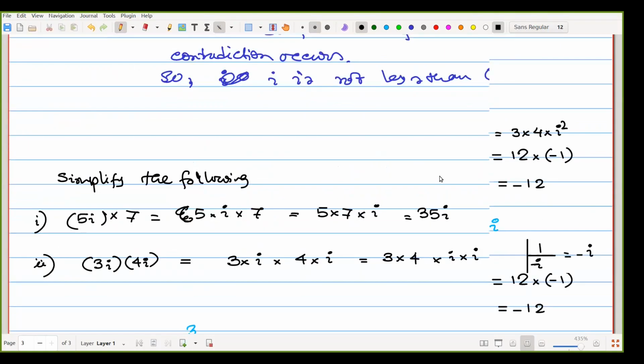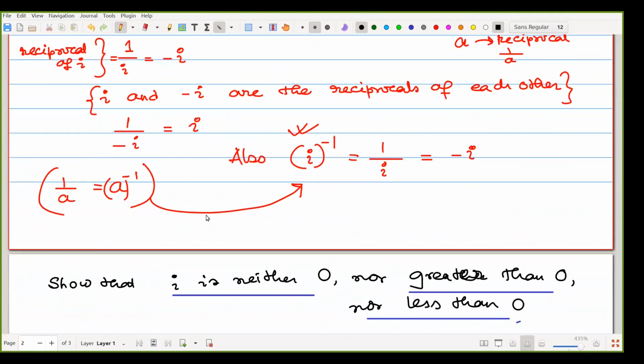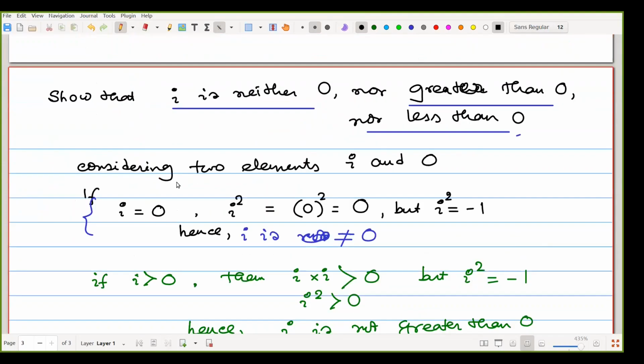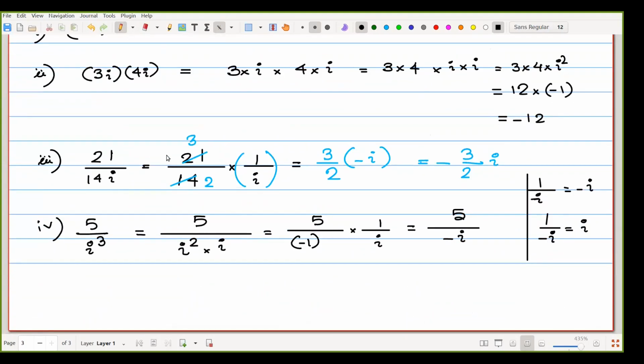Check the reciprocal forms. 1 by minus i is equal to i here. So we can write 5 into 1 by minus i as 5i. Okay, so 5 by i cubed is equal to 5i.